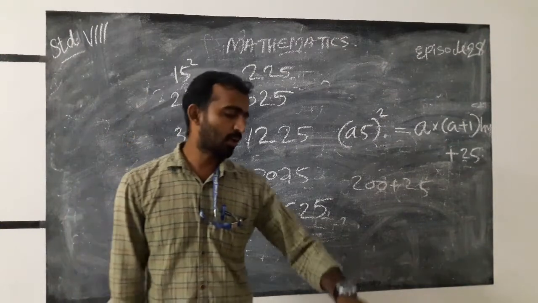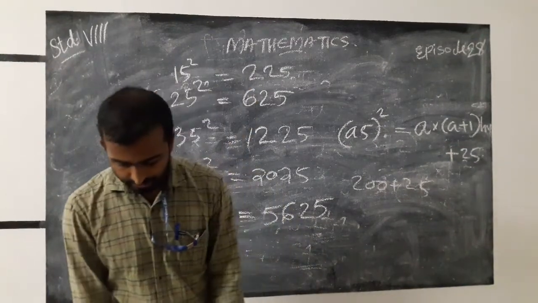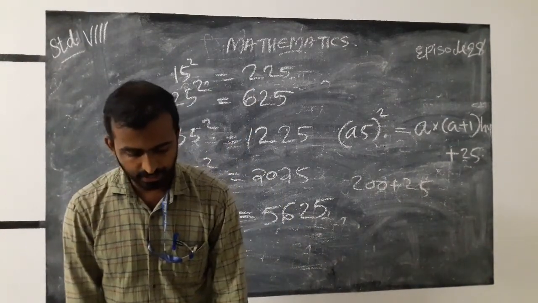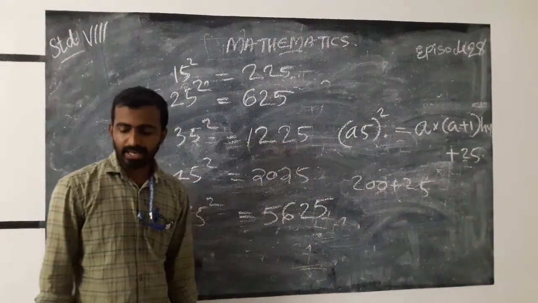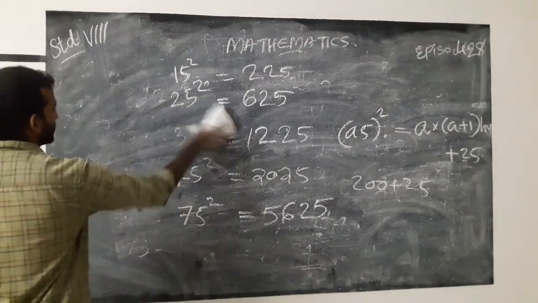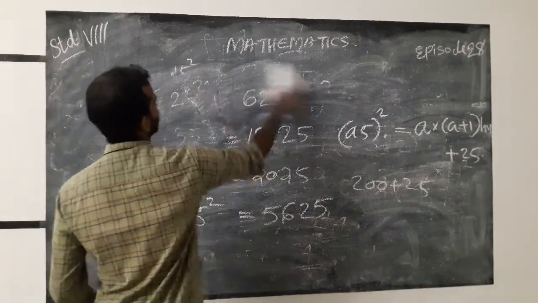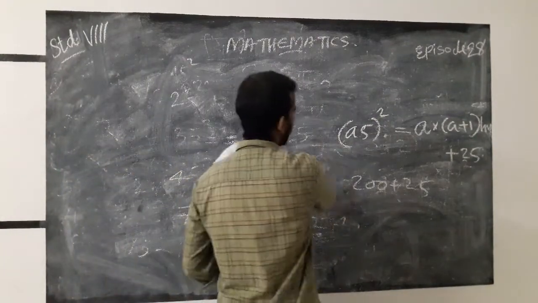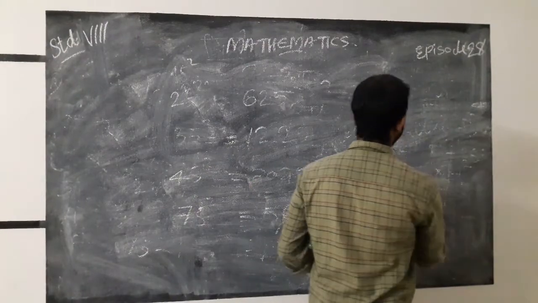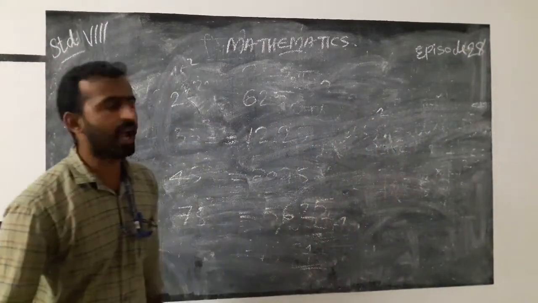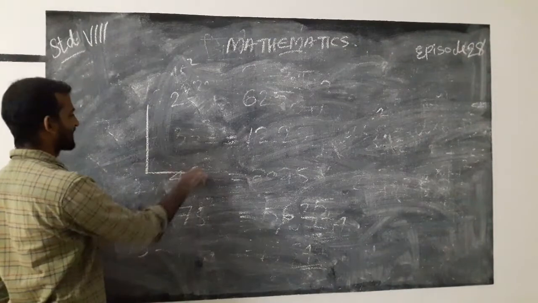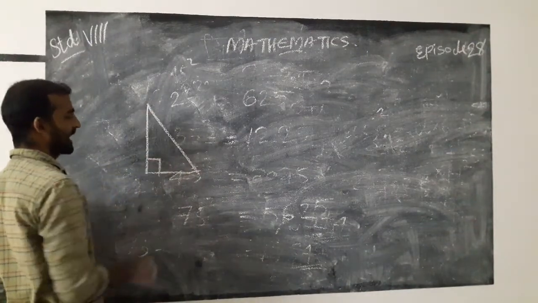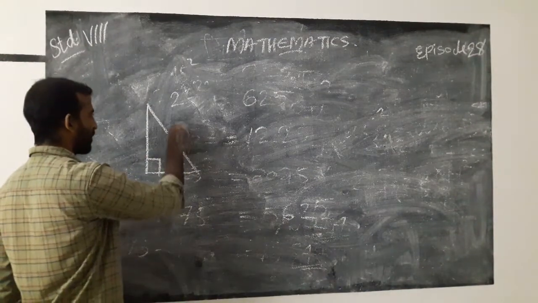And next we are going to discuss Pythagorean triplets. What is the Pythagorean theorem? It is according to a right angle triangle. This is the right angle and this is the hypotenuse.